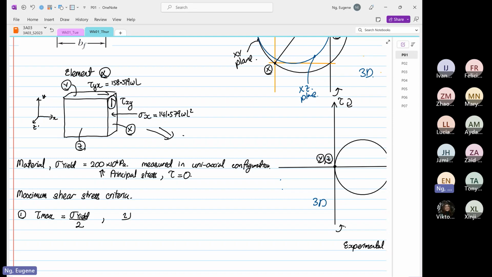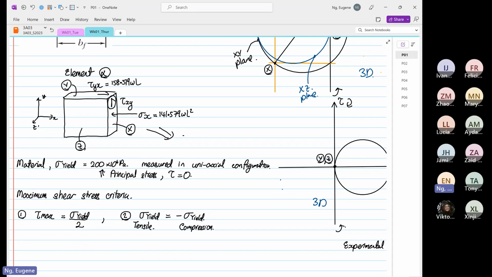The second thing that the maximum shear stress criteria specify is that the yield stress in tension is the same as the yield stress in compression, in minus. So the yield stress in tensile is also the same as the yield stress in compression. That is what this criteria is.